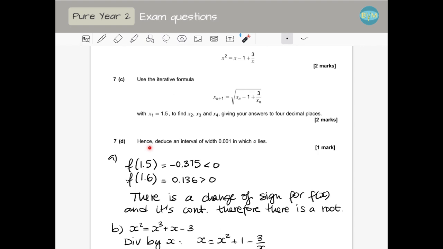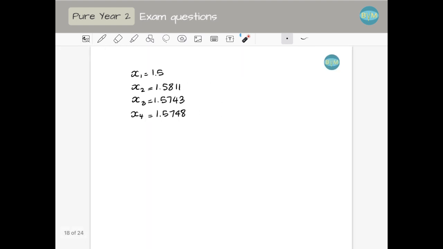Then it says, hence, using this, deduce an interval of width 0.001 for alpha. So alpha is going to be between two values. The width of the interval is 0.001, so I'm rounding to this place.